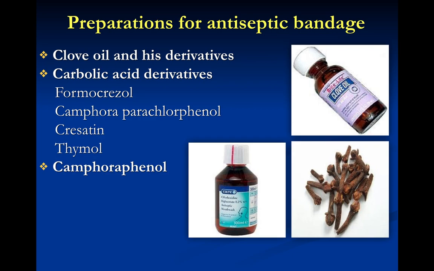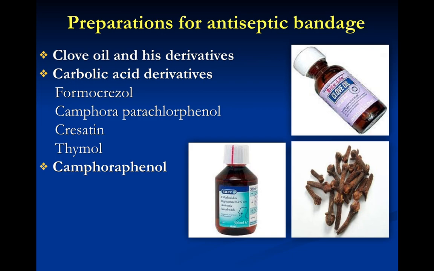This is pharmacresol, and the medicines or antiseptics based on the phenol group we use in treatment of periodontitis, especially when we keep the antiseptic bandage inside of the canal.